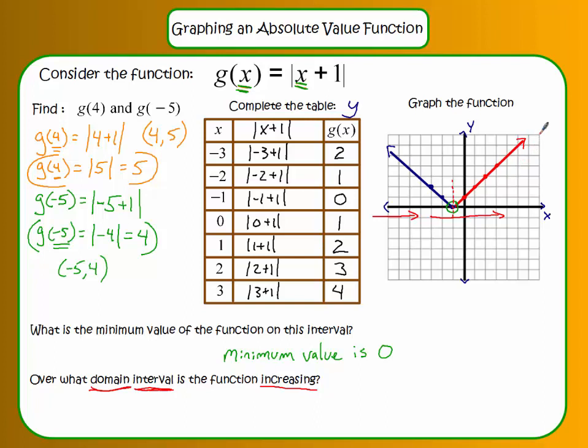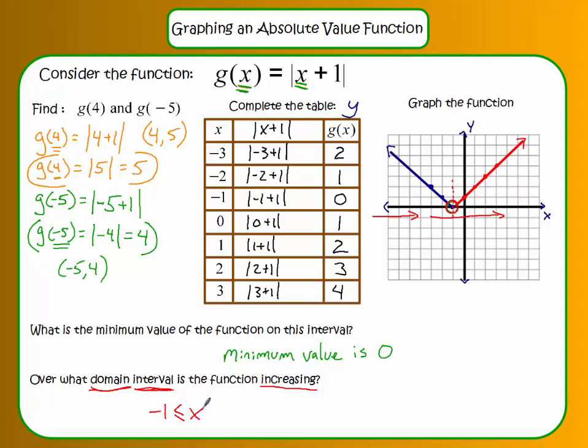So when we ask for the interval that this is increasing on, it would be from this x value that's actually circled in green. That is the x value -1. So x is increasing from -1 all the way to infinity. So actually -1 is less than or equal to x, because that's the beginning.